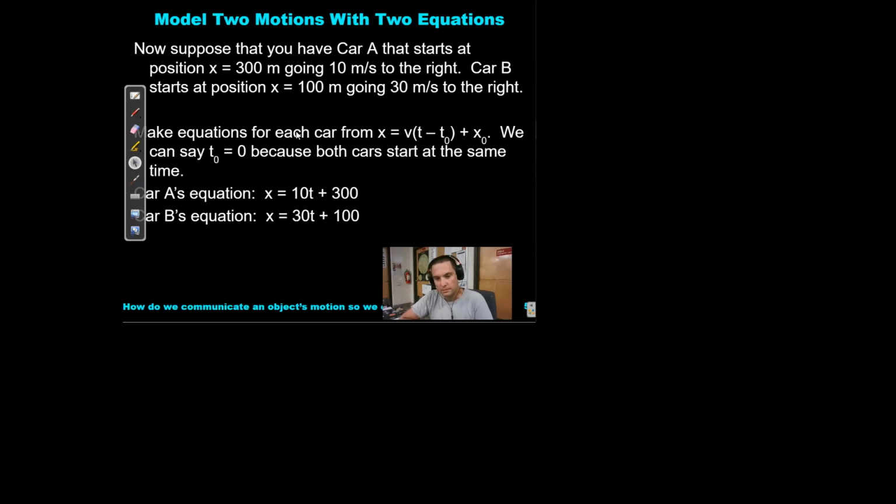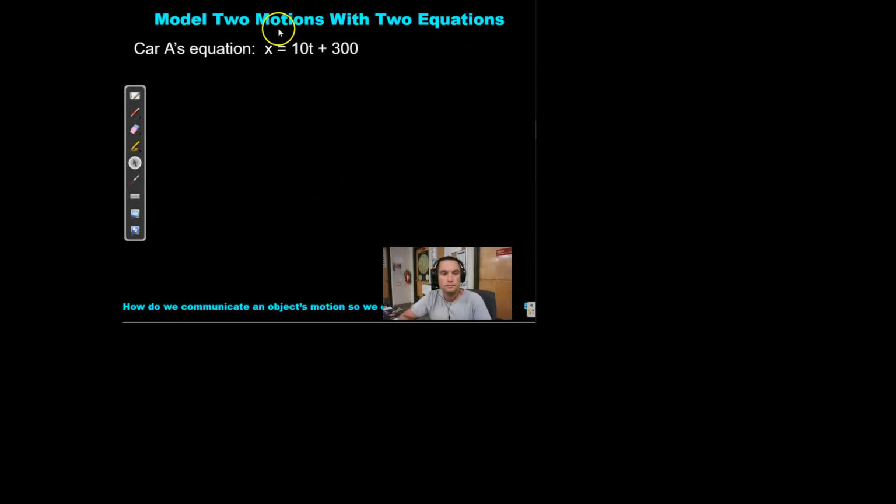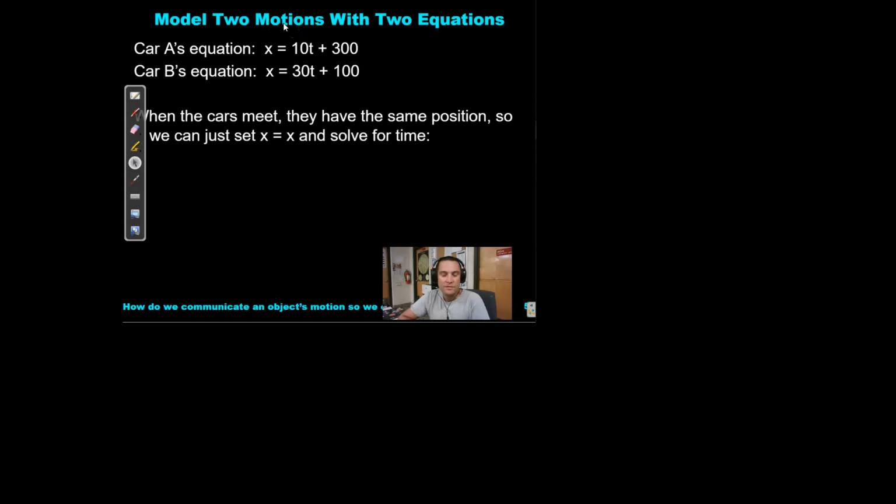What do you think the next step is? When the cars meet, they have the same position, so we can just set x equals x and solve for the time. This is such a groundbreaking moment for you. This is so useful because we're taking two completely different equations, finding what's common between them, and setting those two things equal to each other.